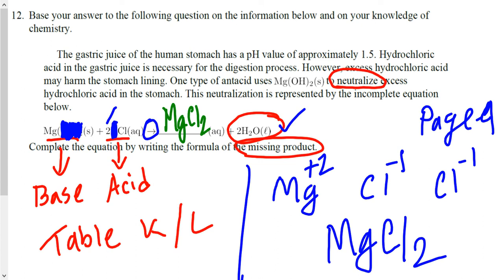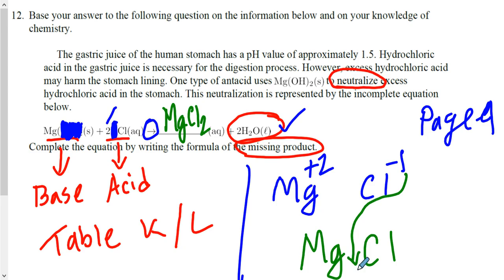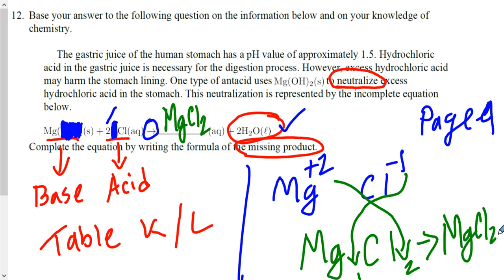I could have used the crisscross method, where I would have written Mg and Cl, and this 2 would be right here, ignoring the charges, and then you can write MgCl2. Use whatever technique makes sense to you.